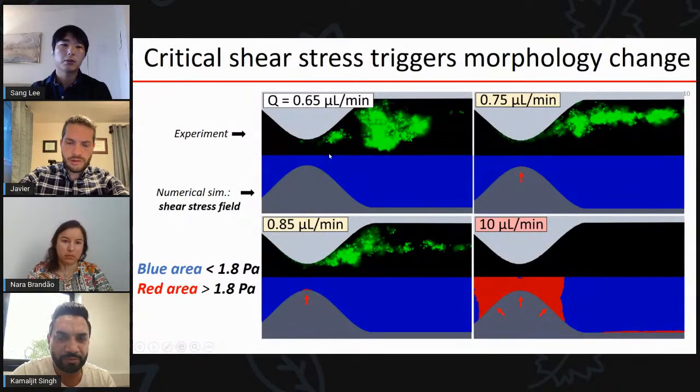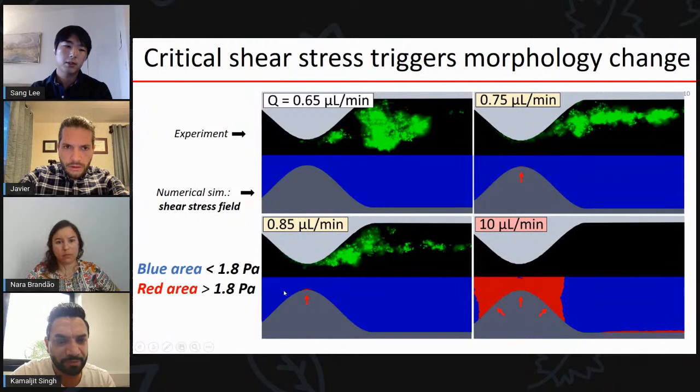So here's the result. The top half of the image shows the experimental result from the fluorescence microscopy, and the bottom half is the result from the numerical simulation showing the shear stress field. The blue region shows the shear stress was below the critical value, which was 1.8 Pascal, and the red area shows the region that was exposed to critical shear stress or higher.